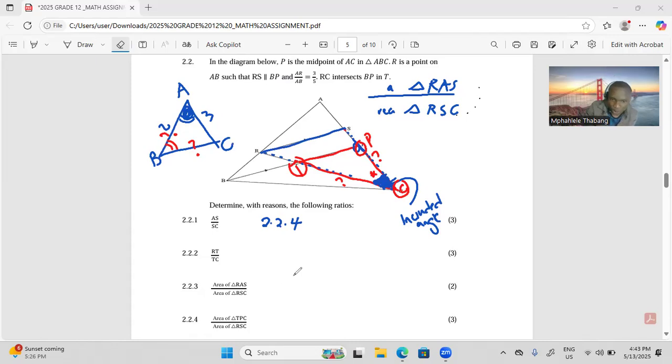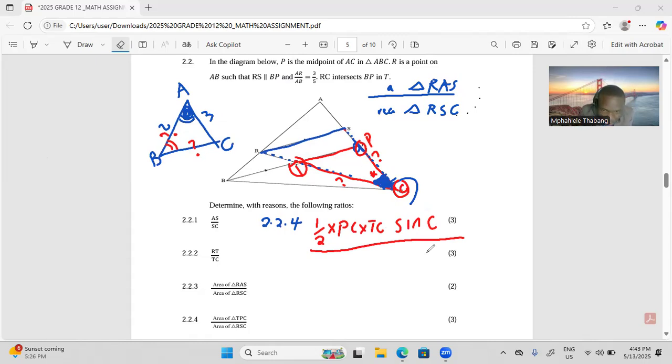According to the area rule, you say half of the two sides you want to focus on, in this case PC and TC, and then sine angle C. That is the area of TPC.